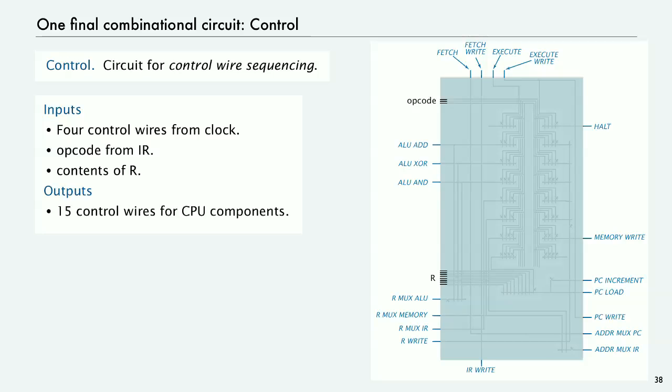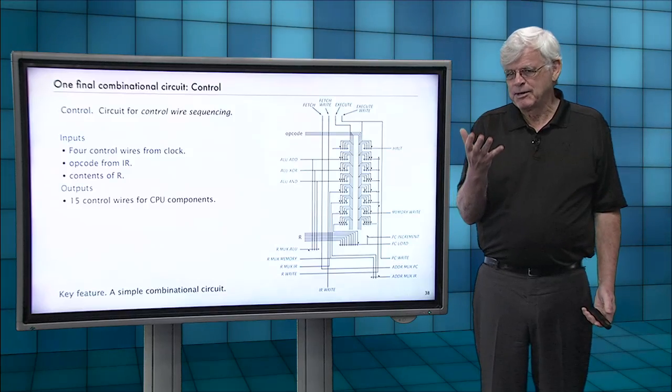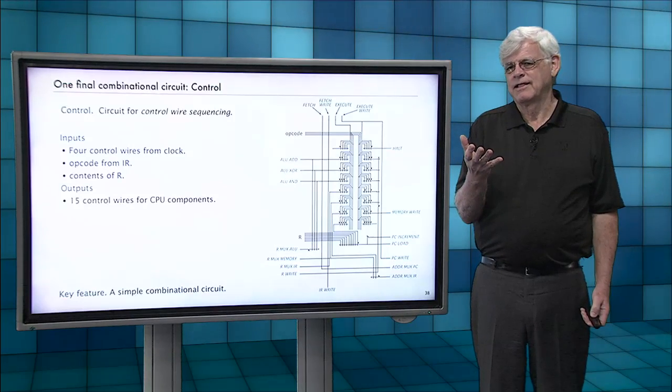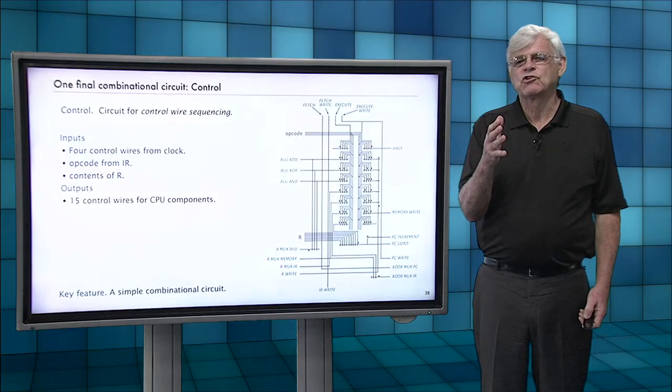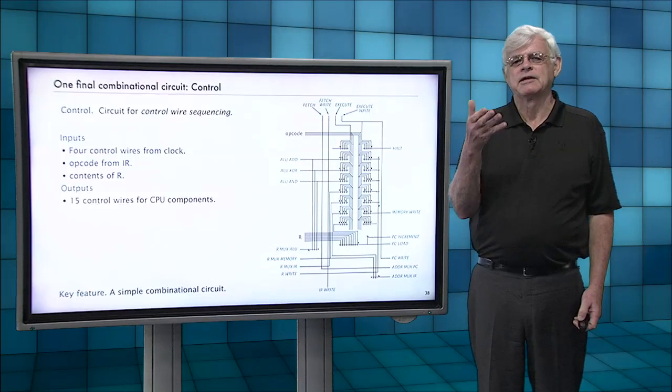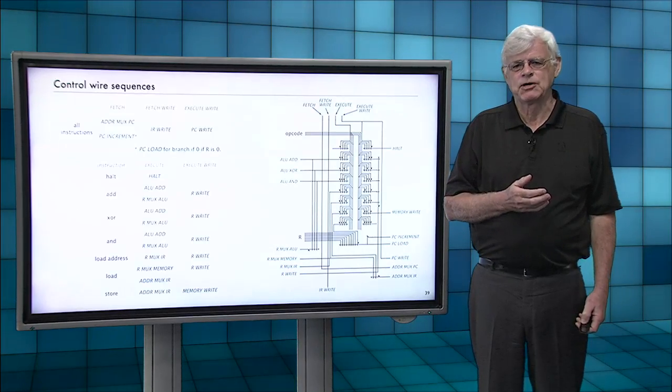And the outputs of this control circuit are all the 15 control wires that we just enumerated for all the CPU components. The important thing to remember about control is that it's just a simple combinational circuit. If we remove the cover, we have a combinational circuit that is going to do the job of deciding which control wires to light up depending on what the opcode is.